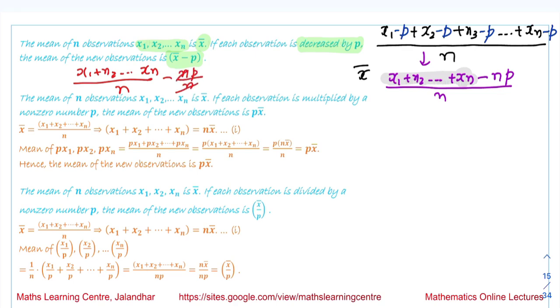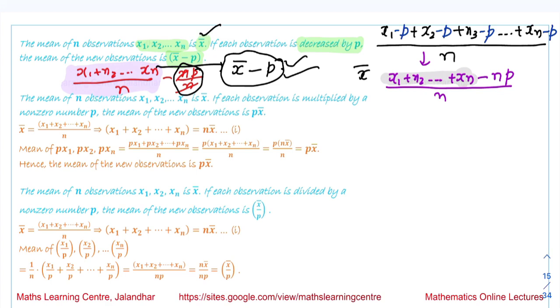This value is equal to x bar, and the remaining value is minus p. So what we get is, the mean of n observations is x bar. If each observation is decreased by p, then the new mean will be decreased by p. So if the original mean was x bar, now the new mean is x bar minus p.